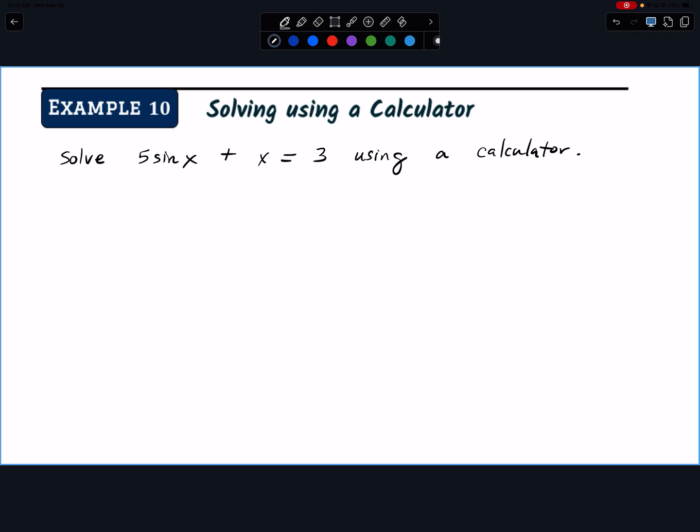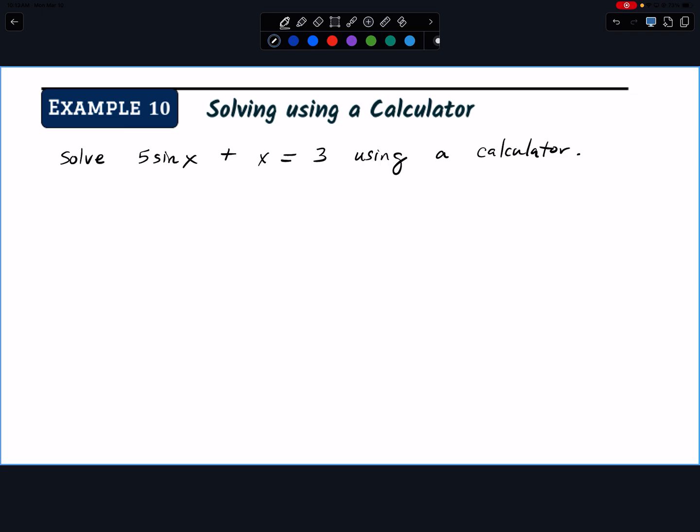Okay, I'm recording this, so if you need to see this again, my students that are taking AP Calc with me next year, this is something that we do all the time. We solve equations by using our calculator, so we don't have to do really any math here. It's just knowing how to use our calculator.